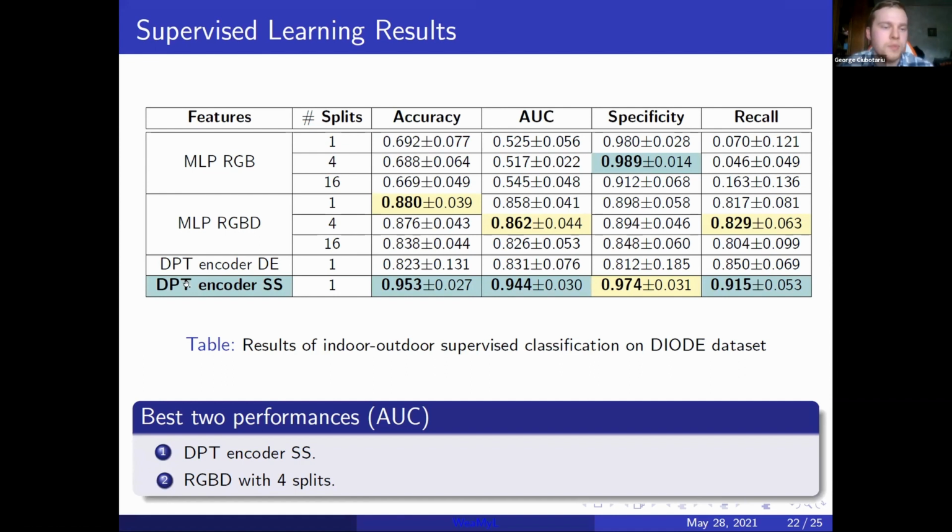And also the DPT encoder does its best job here because the features learned for the semantic segmentation help a lot in the context of indoor-outdoor classification due to the unique classes that define the indoor and outdoor settings. Like there won't be any cups or lamps on outdoor scenes or stuff like this.